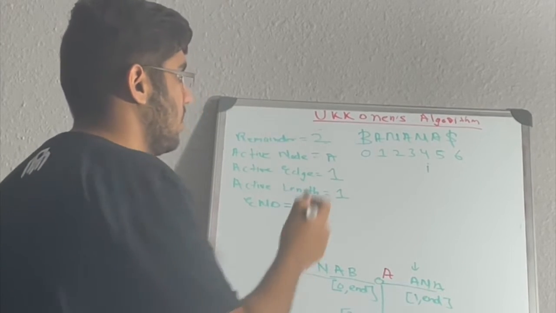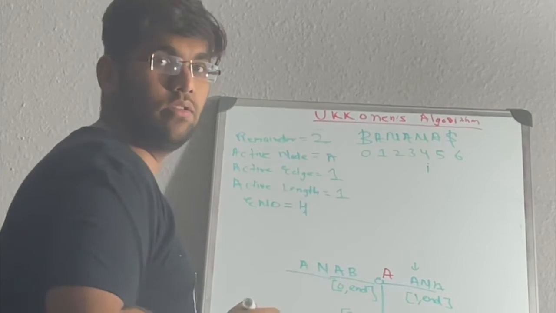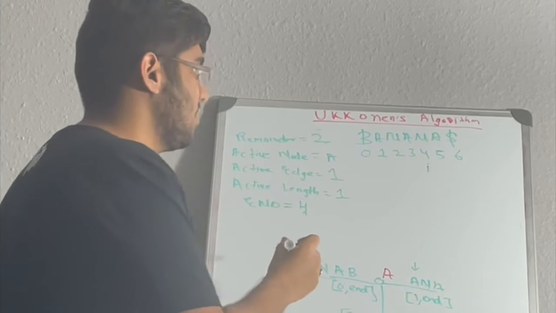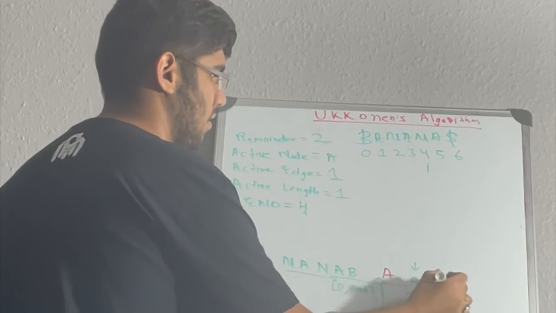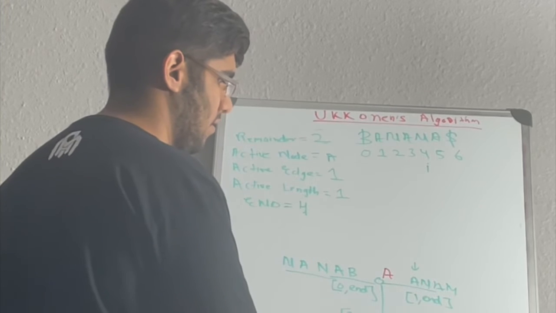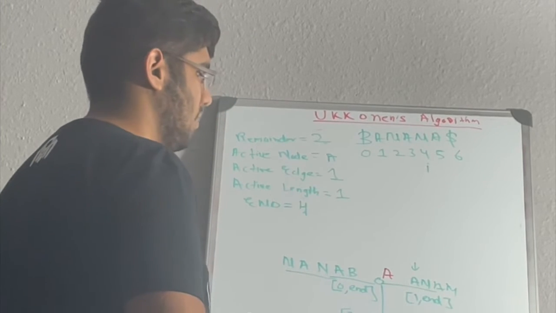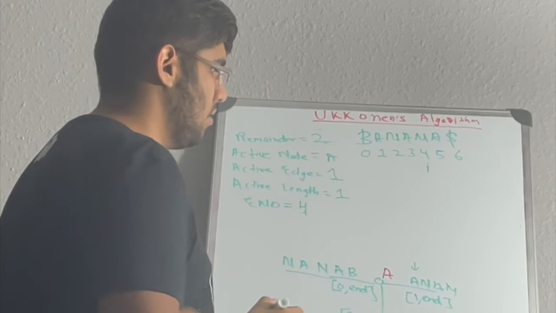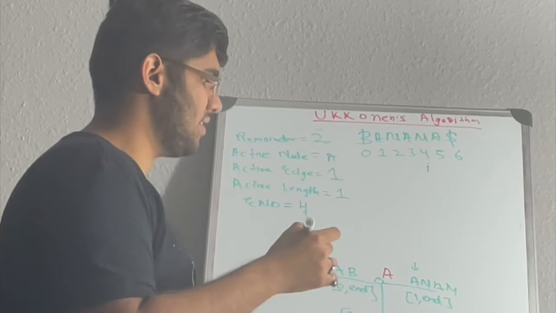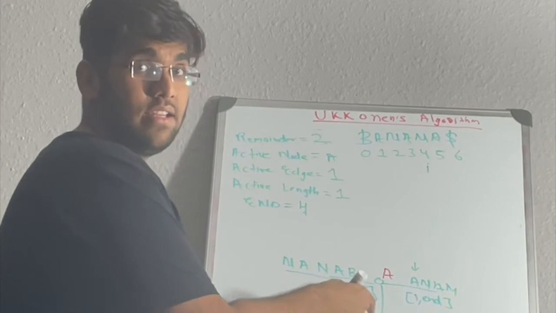Okay, so now we again add all the values by rule 1 extension, and now by rule 2 extension we see if n is there. Yes, n is there.